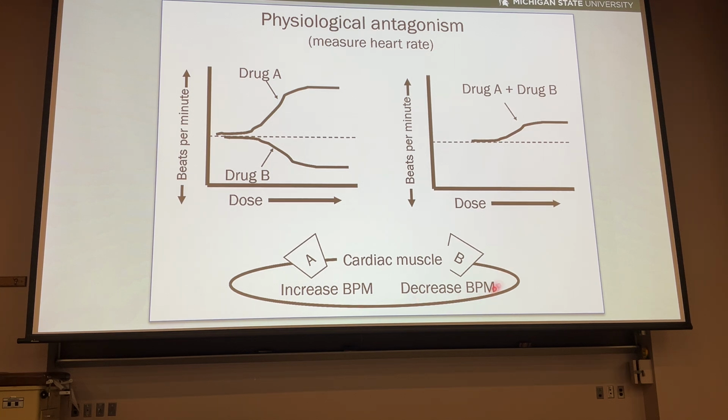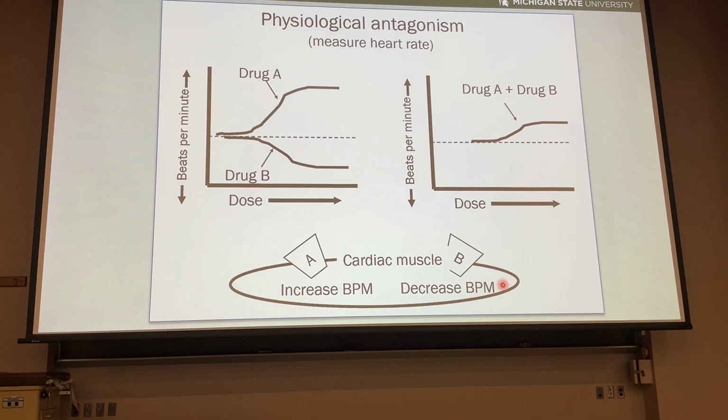So as this shows, on the cardiac muscle, these two different receptors, A and B, when A is activated, it increases beats per minute of the heart. When receptor B is activated, it decreases the beats per minute.